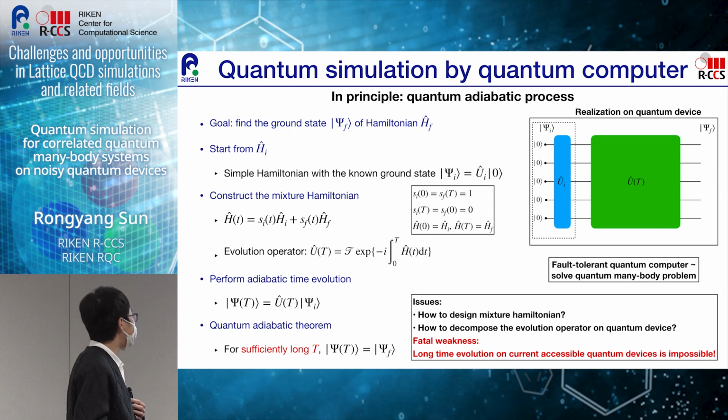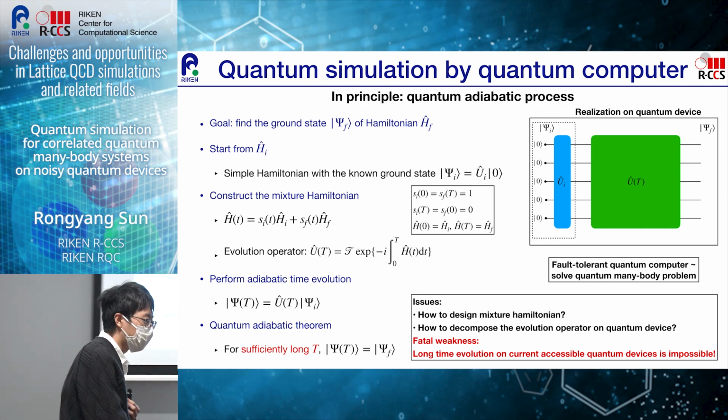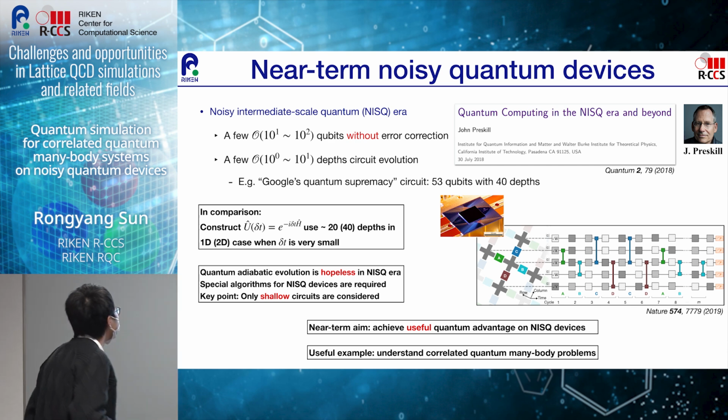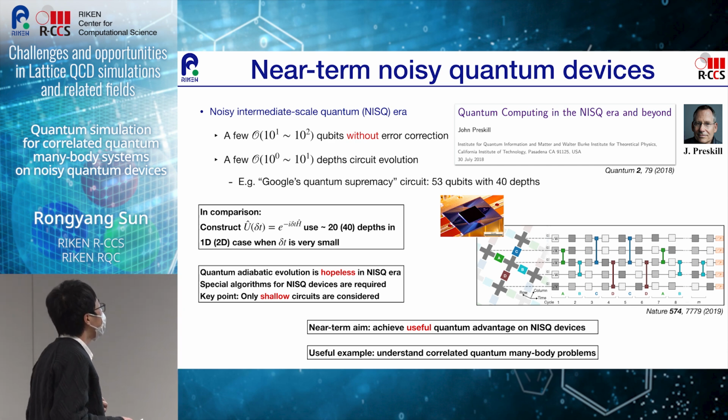currently there exists a fatal weakness that blocks this approach: long-time evolution on currently accessible quantum devices is impossible. Why? Because we are in the NISQ era.